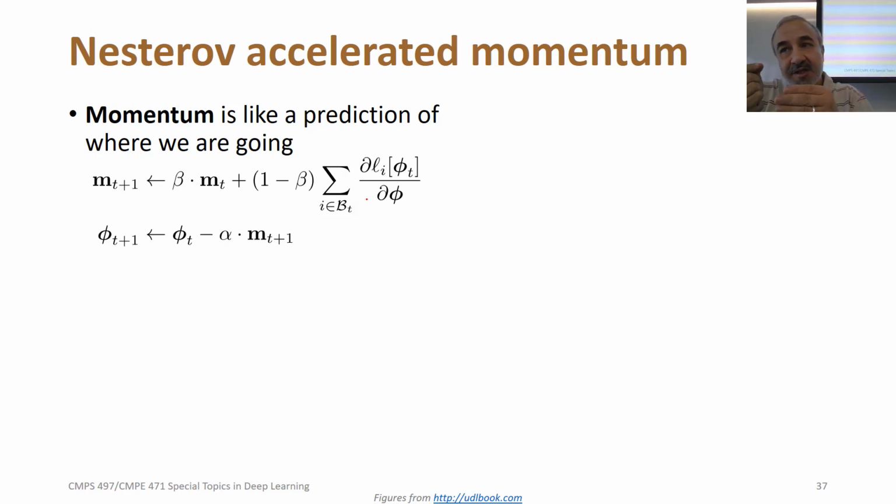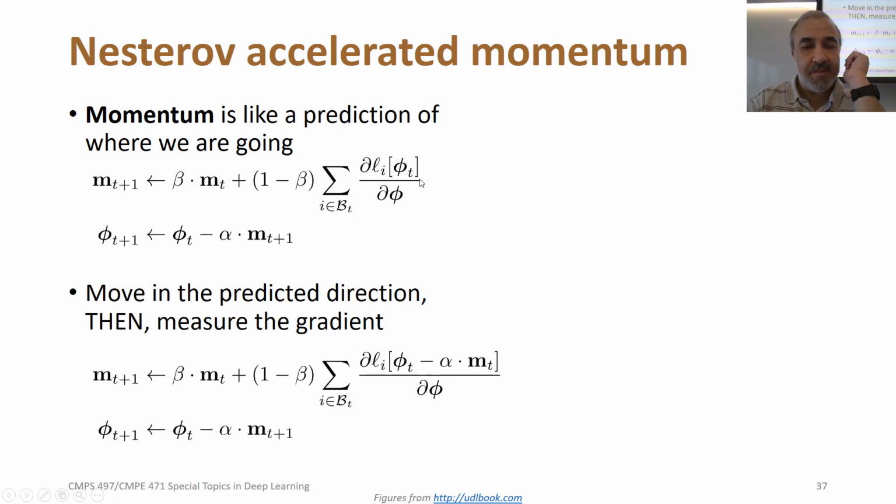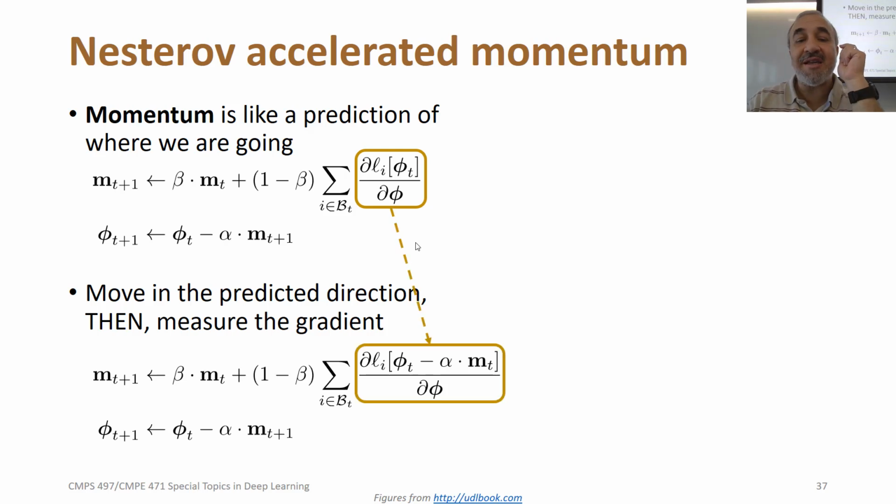It will be a bit different, but not very different from the history. So I can actually think of the history as a prediction for the next step. So Nesterov is taking this a step ahead. It says that this is the momentum, but now with this accelerated momentum, we change from taking the gradient at the current model to taking the gradient at the predicted model. So look at the difference between this and that. What's the difference?